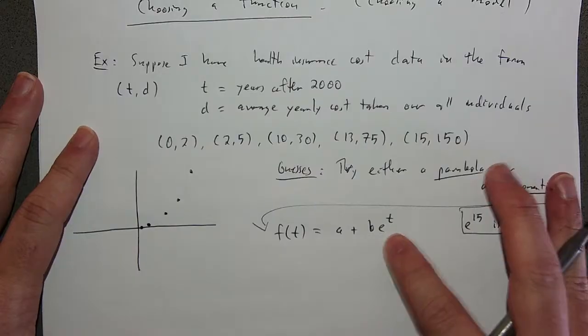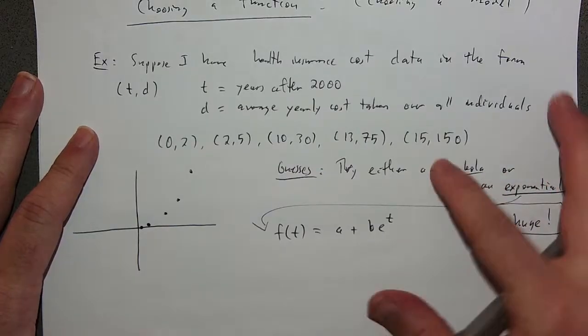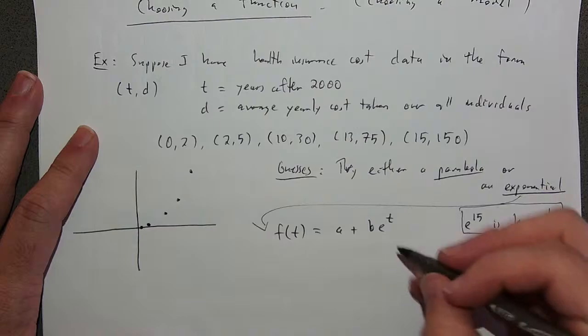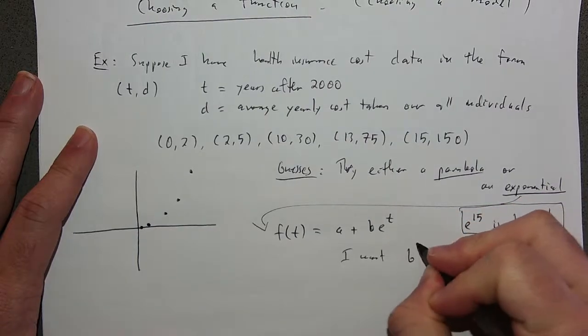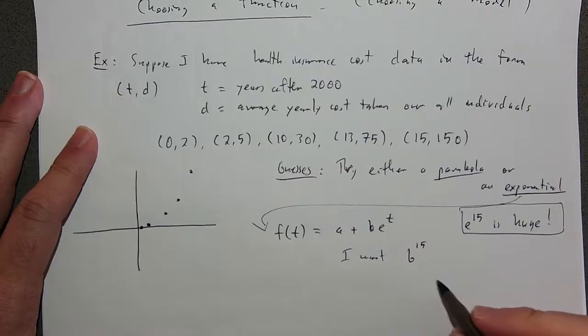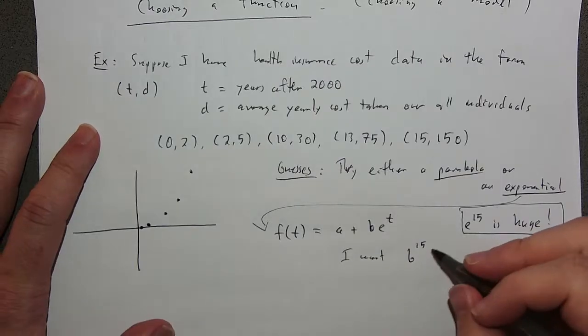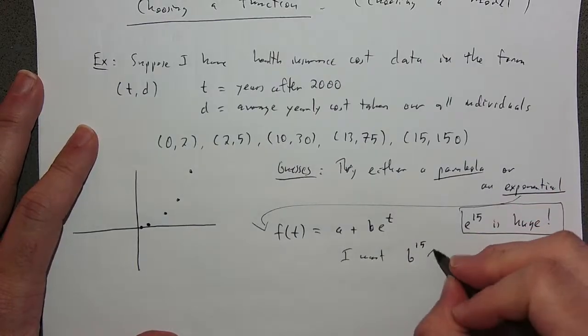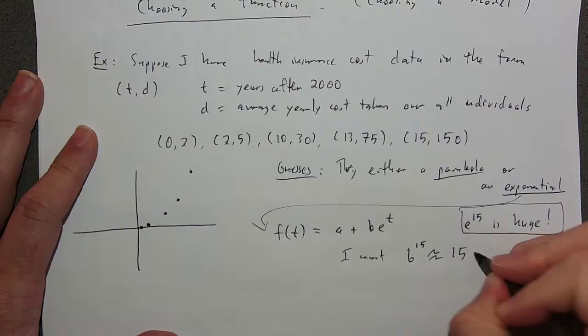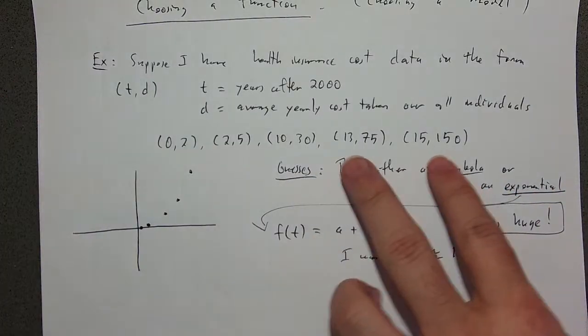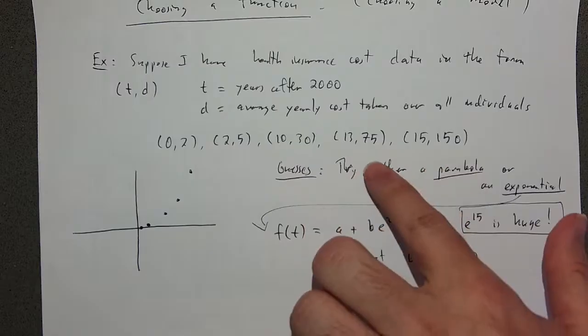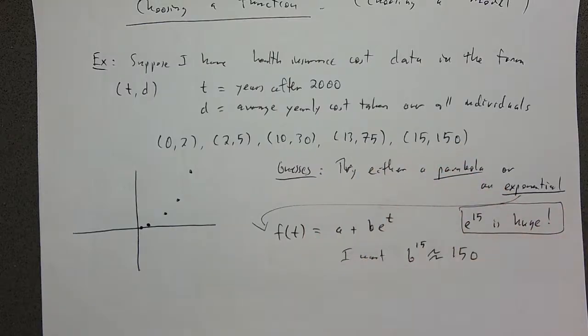Okay. So what do I want? I want this b to the 15 to approximately be 150. That's the point. These two are my problem points because the second value is outscaling the third one massively.